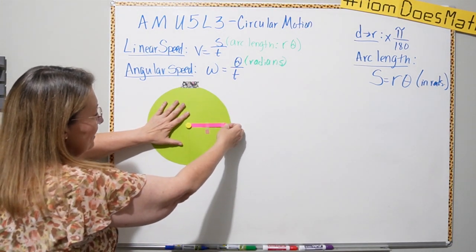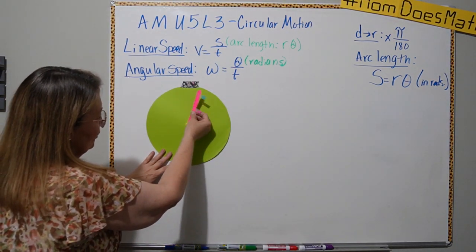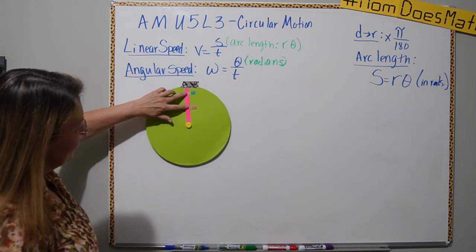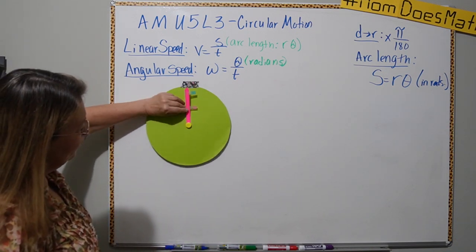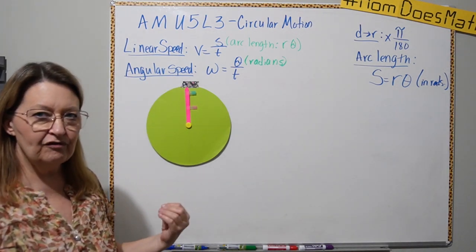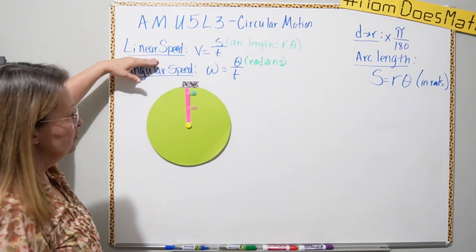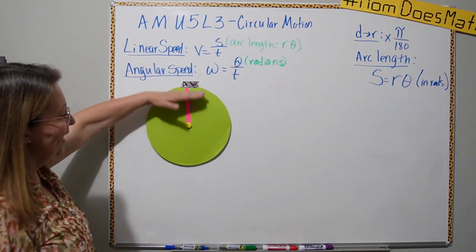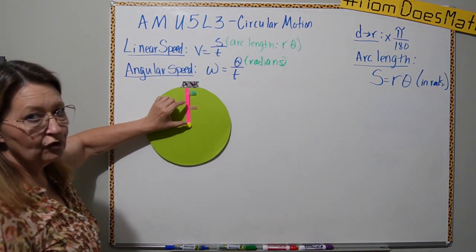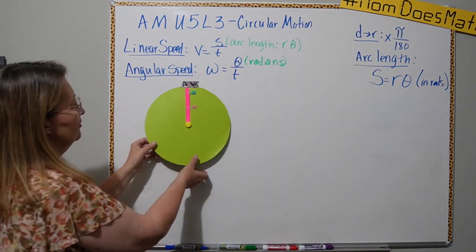So when I do the same thing, if I go from 0 degrees to 90 degrees, see both tabs, no matter where they are on the radius, they travel the same amount of degrees. So when you have linear speed, it's going to matter how long your radius is. But if you have angular speed, it's not going to matter.